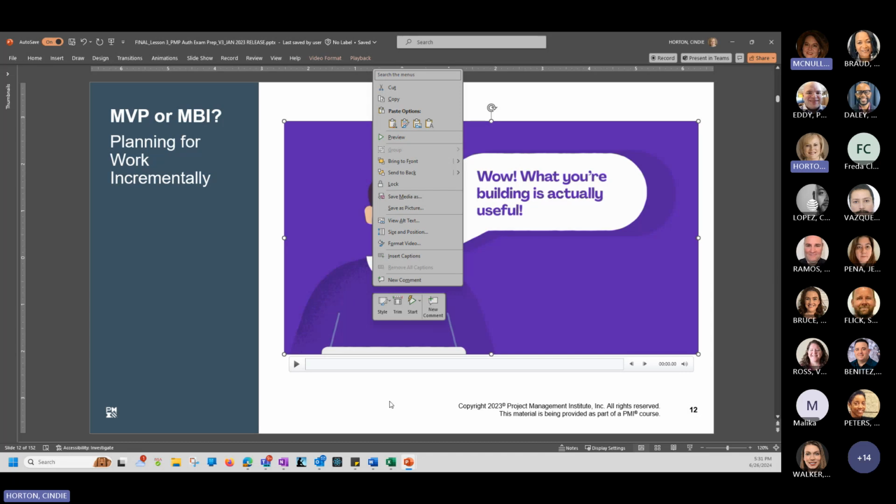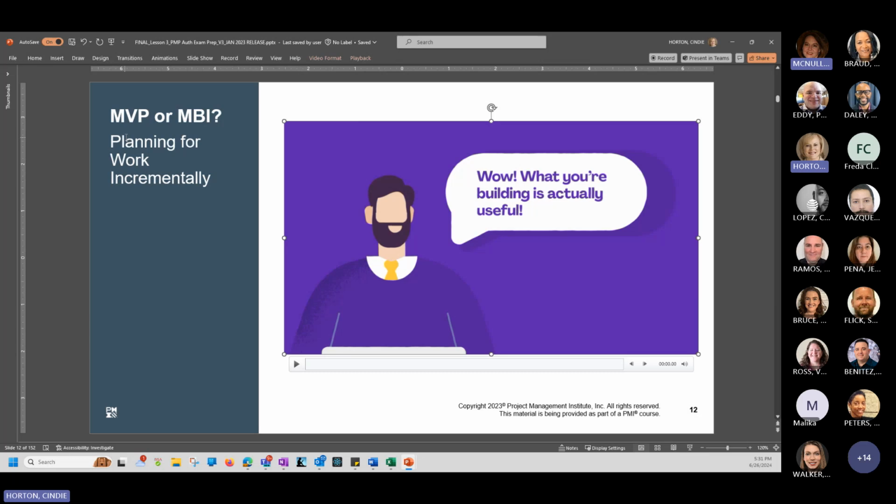The net of it is, I've listened through the video a couple of times, and there are two concepts: an MVP or an MBI. The MVP stands for minimal viable product, and it's producing an output that is just enough work to get an idea of what we want to put out there.